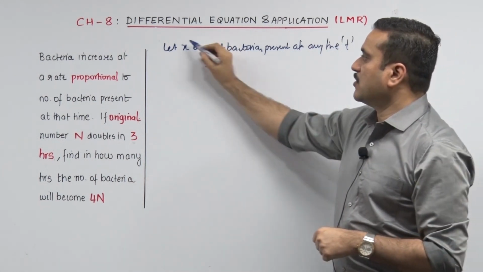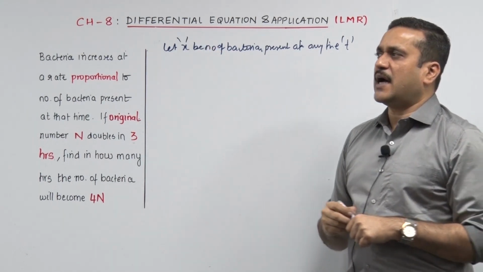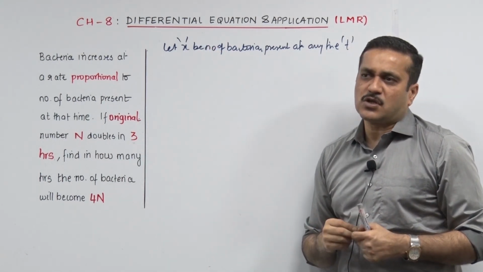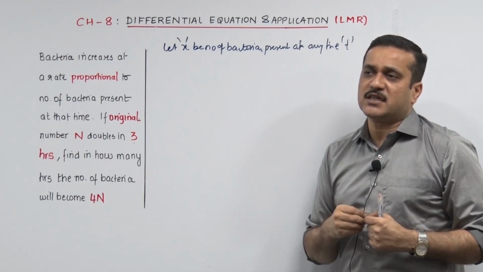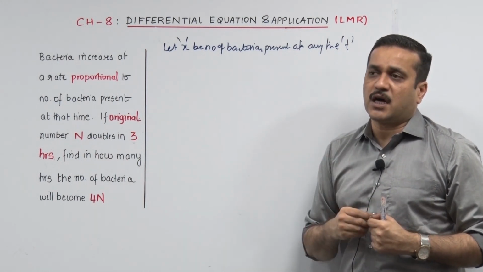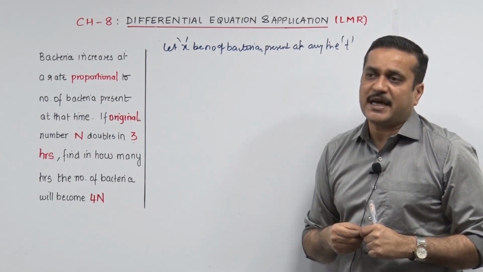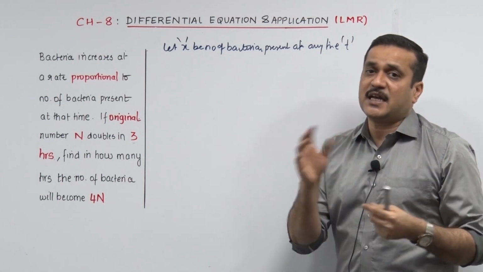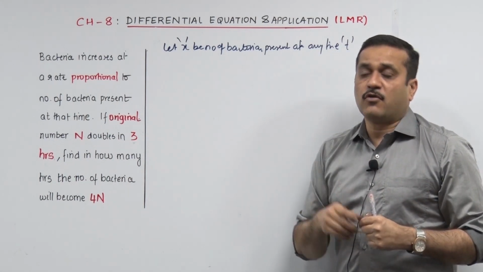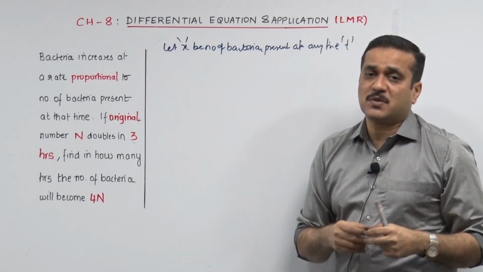So now the variables are defined. I hope even a simple school going student would understand that we need to bring out a relationship between x and t to find out how many bacteria are present at any given point of time t, or what will be the time t when you have this many bacteria.